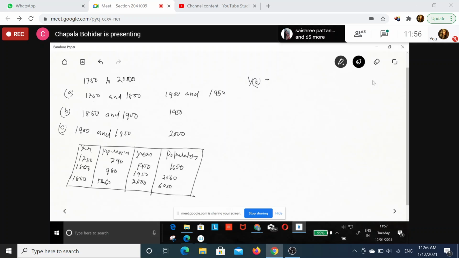Yt, we know it is Yt is equal to y of 0 e to the power kt. If you consider 1,750 year as t equal to 0, then what about the 1,800?